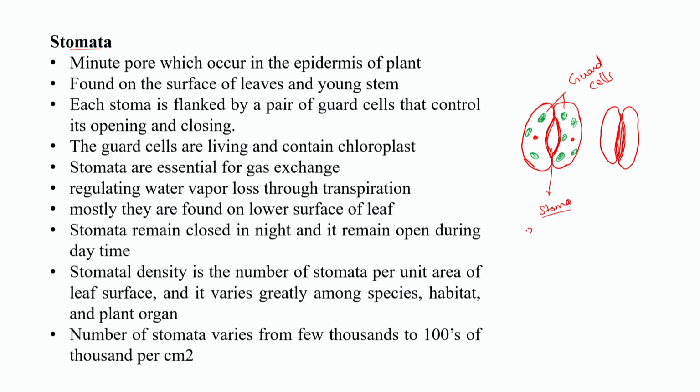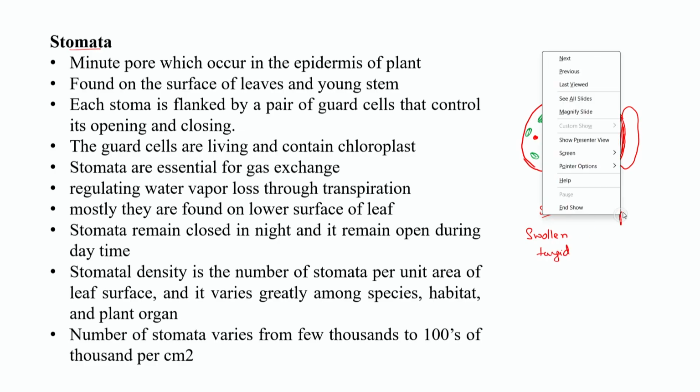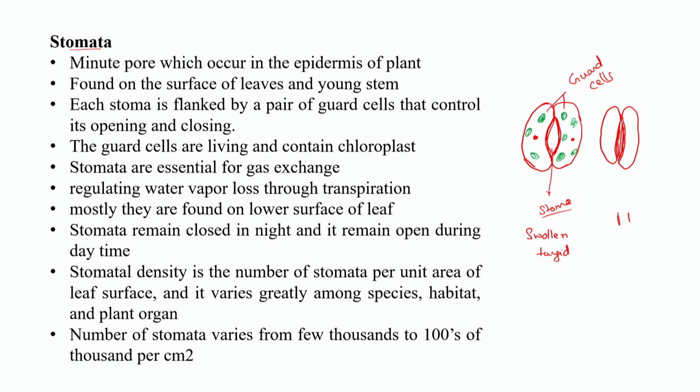This is swollen, or you can say turgid, and this type of stomata is known as flaccid stomata or shrunken. So here also you will have nucleus and a lot of other organelles.